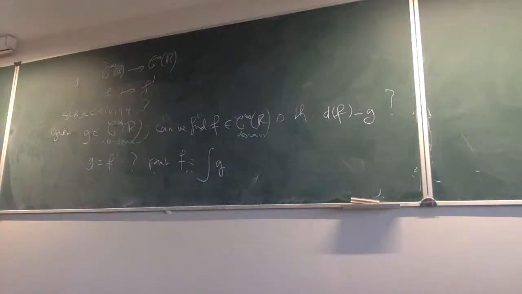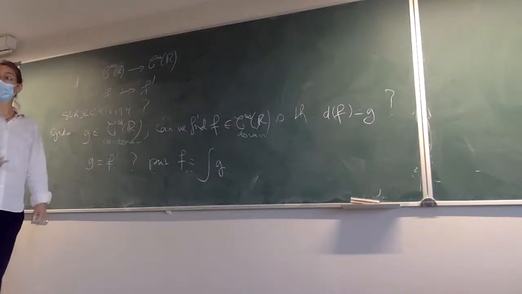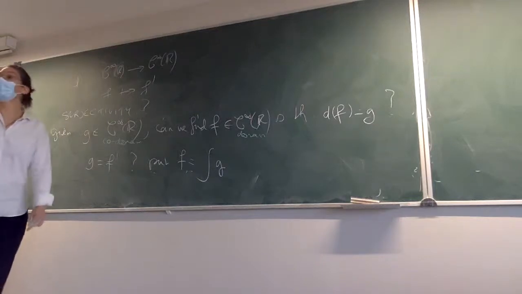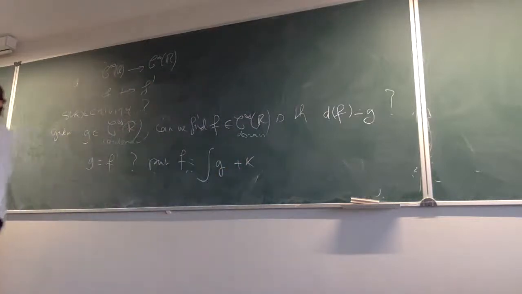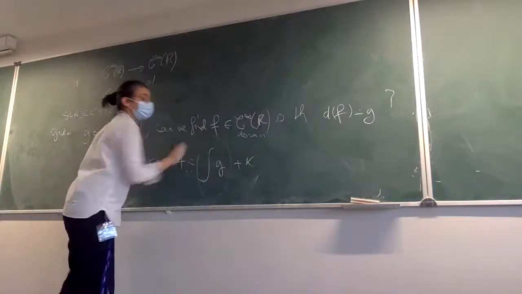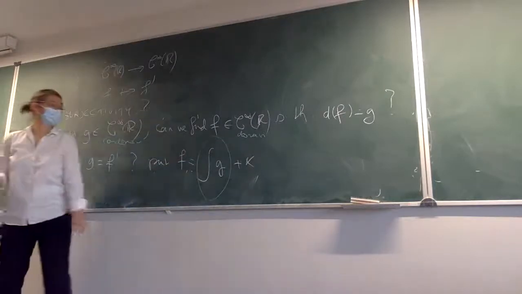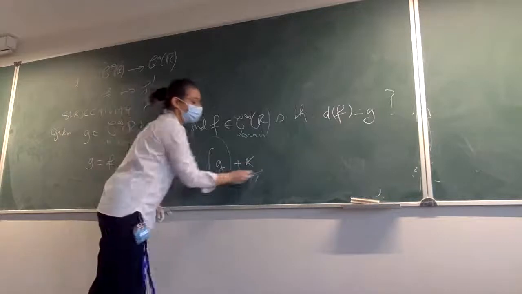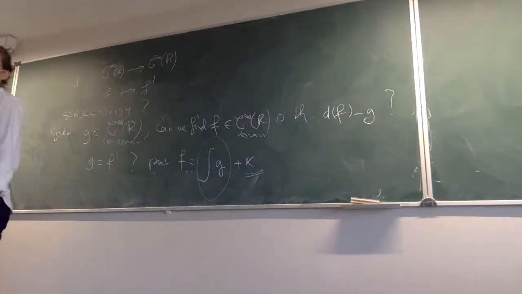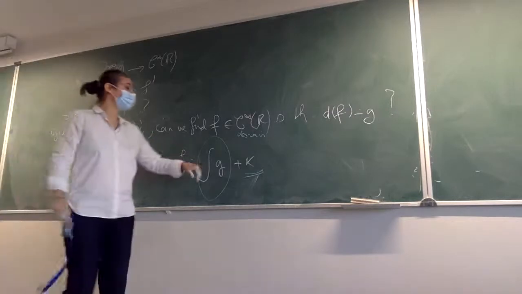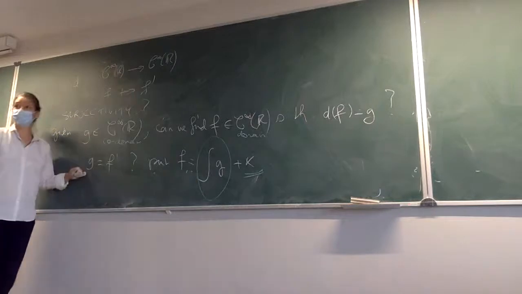One of them. You also want to add plus a constant, the arbitrary constant of integration. What does it mean? I can take any antiderivative and add anything from the kernel of my map, and I will get the same image.